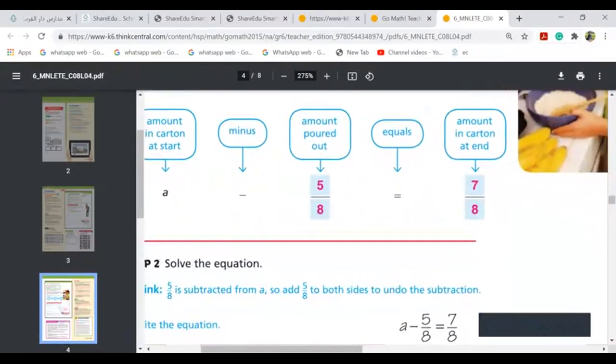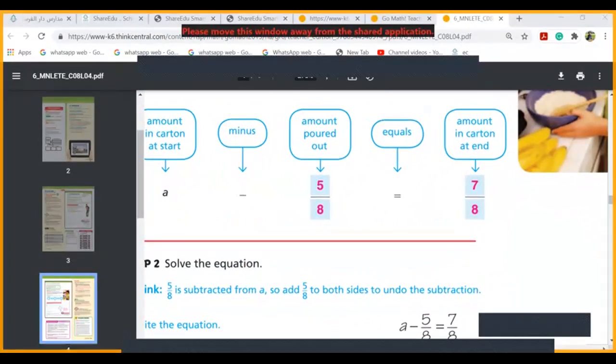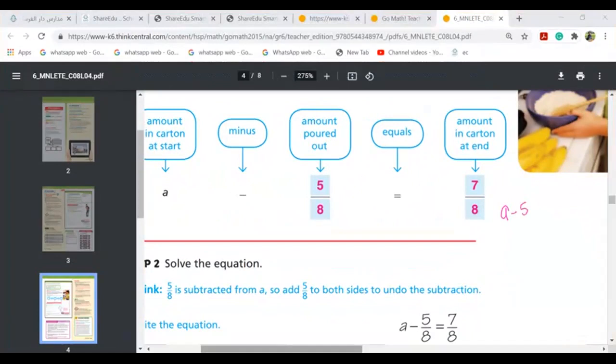Never get confused even if you see fractions. The question is A minus 5 over 8 equals 7 over 8. This 5 over 8 walks to the other side. A equals 7 over 8 plus 5 over 8.